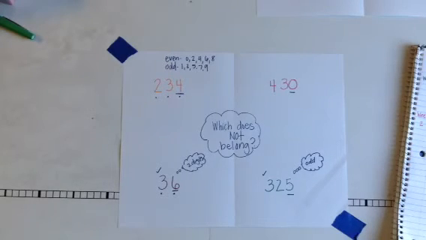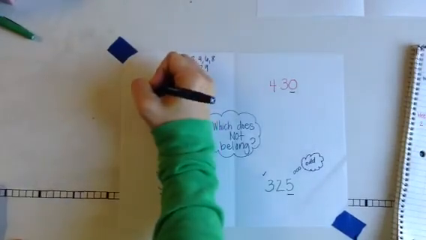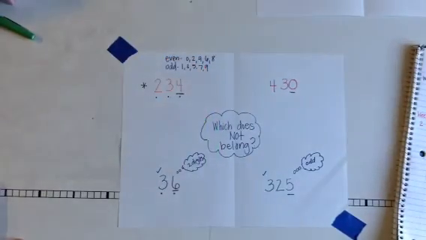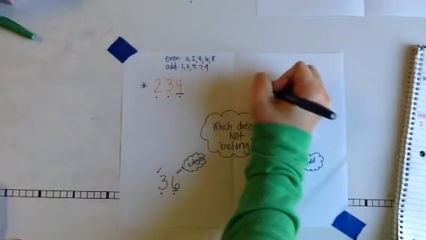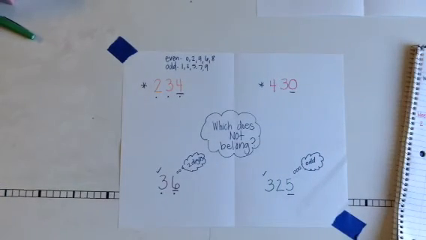You know, boys and girls, this might be a good chance for you to think about what you know about these numbers and see if you can find a reason that this one doesn't belong, or a reason that this one doesn't belong, or maybe you could think of another reason that we could disqualify these numbers. I'm going to give you some tips.